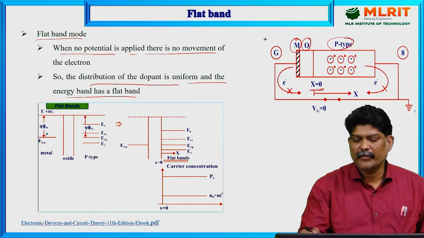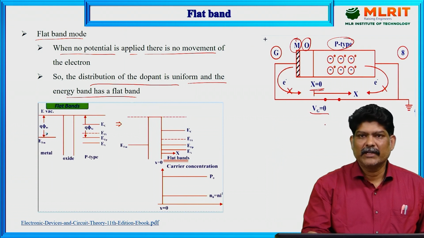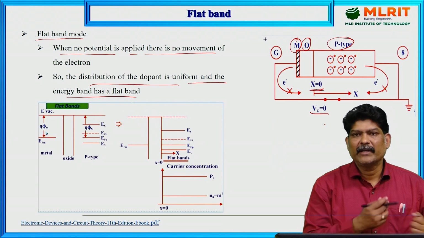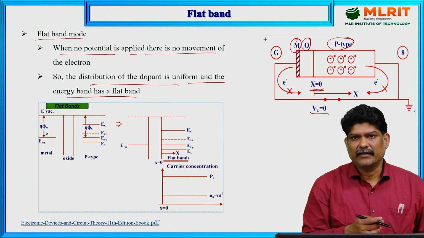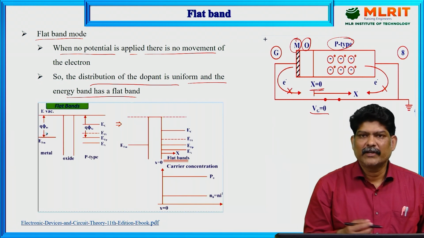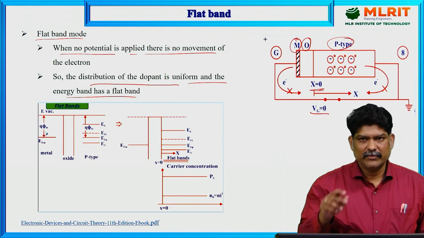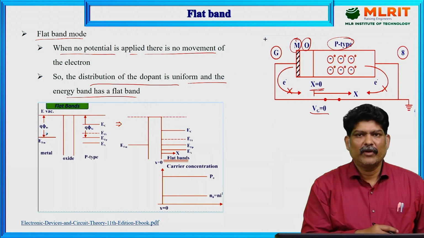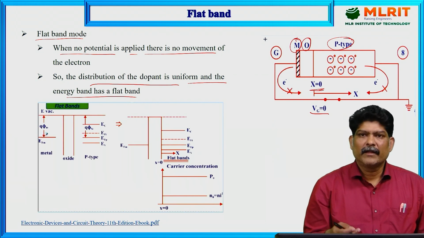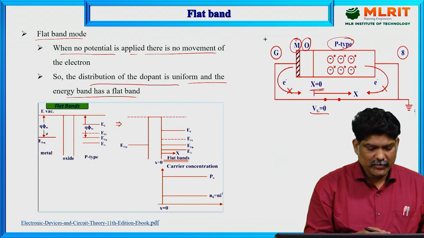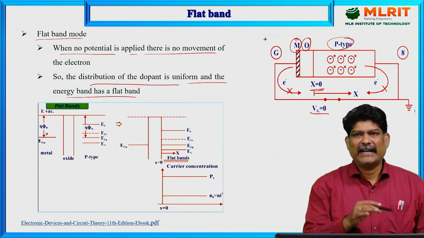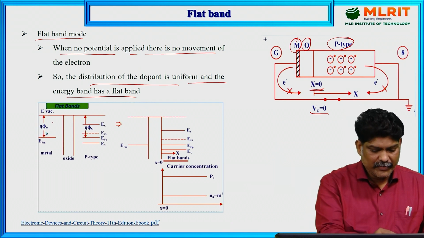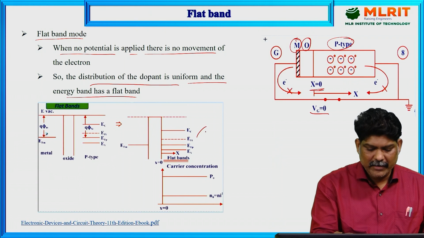Because gate voltage is 0, you are not giving any voltage across the gate, therefore there is no movement of electrons, hence no current flow. The distribution is uniform, and hence in the energy band diagram, the energy band is a flat band.